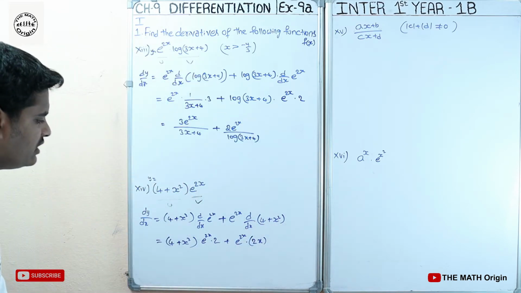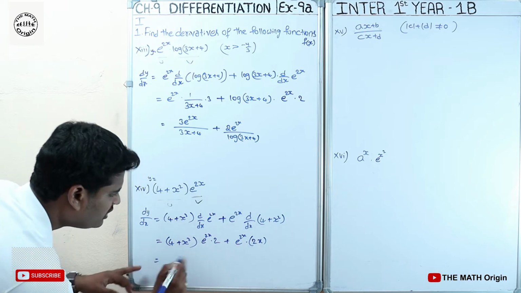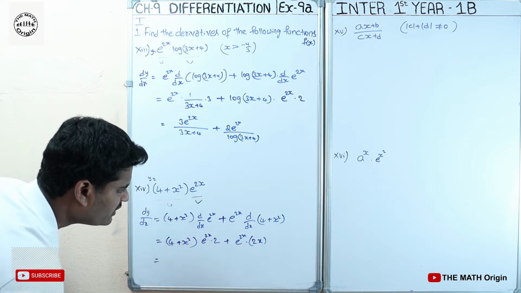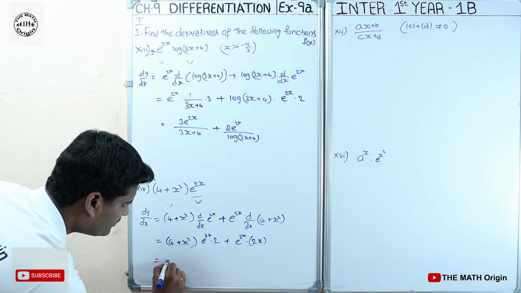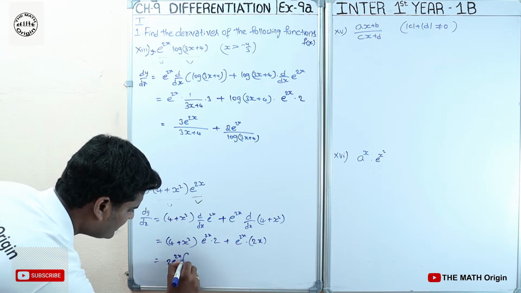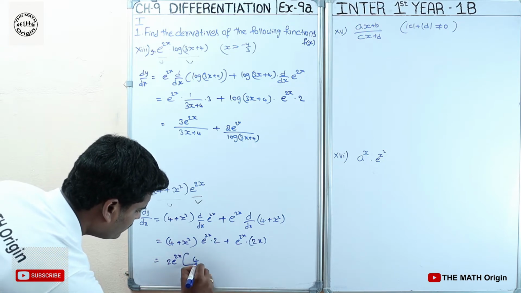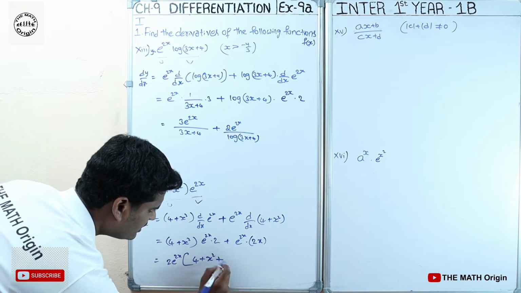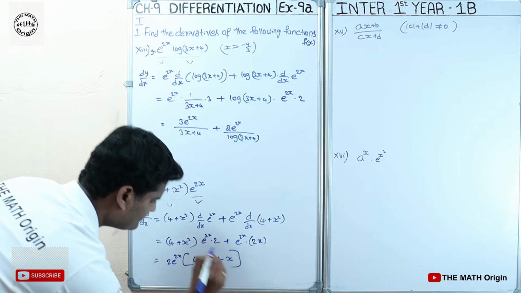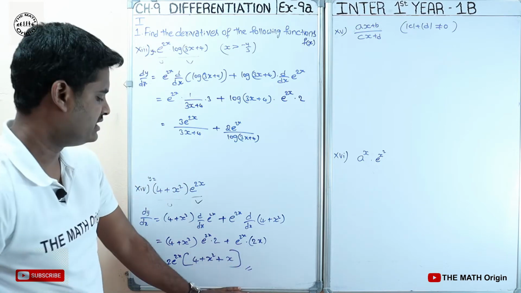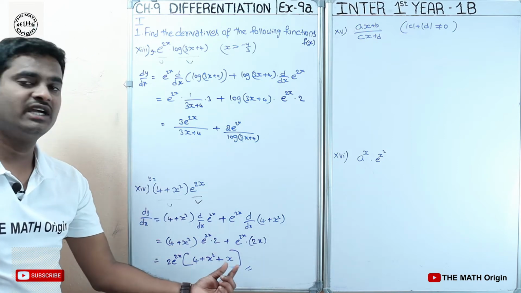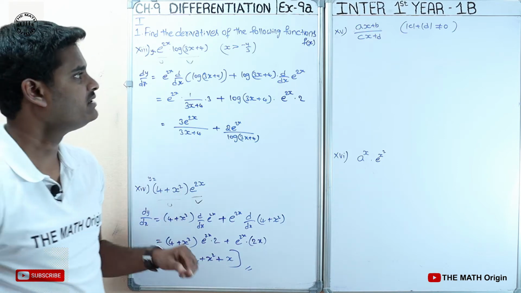From this I will take 2 e power 2x common, then the value is 4 plus x square plus x, is the simplified equation or derived equation for the given question.